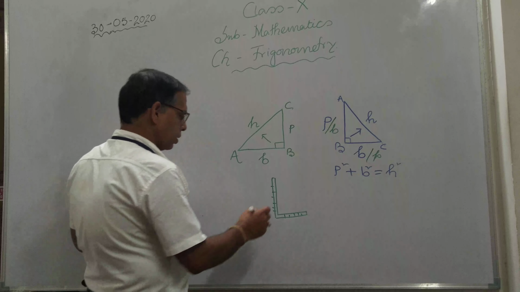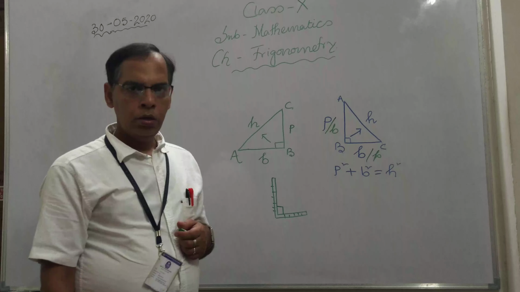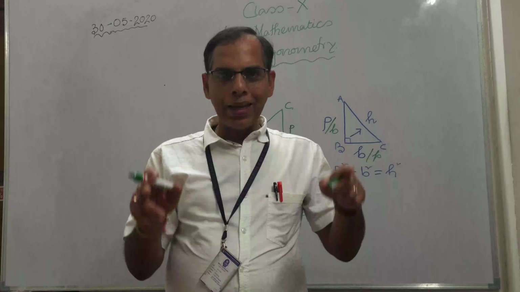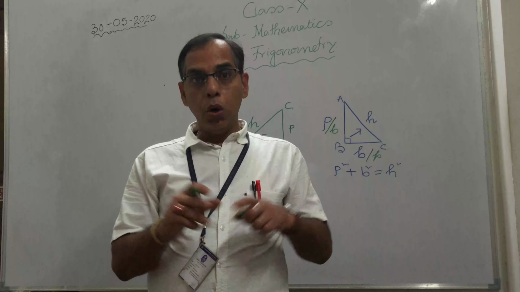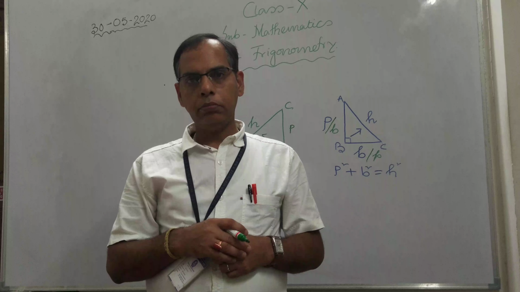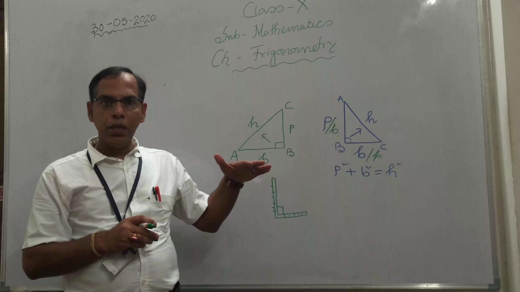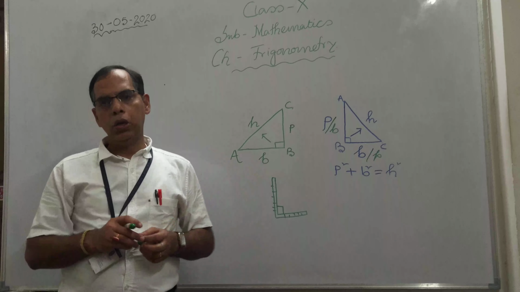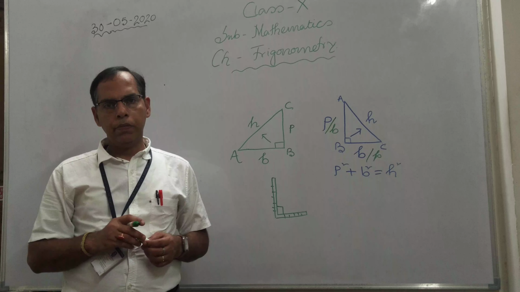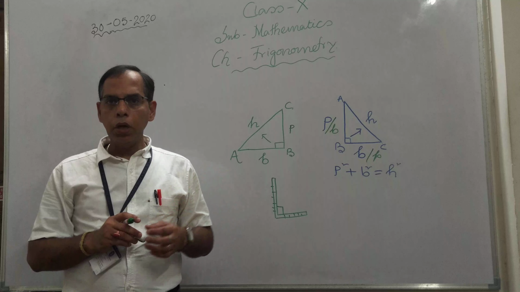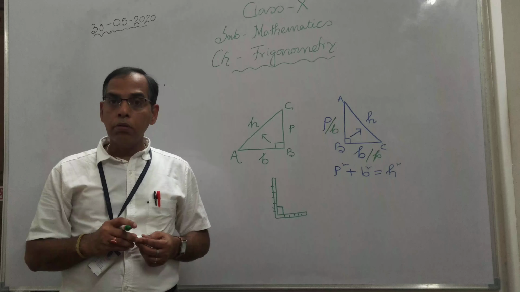See, if you notice, this is a right angle. So to make window panes, that is a window grill or window frame, with this scale they can see whether it is perpendicular or not. If it is not perpendicular, then it will look odd. Otherwise they have to give a different shape.